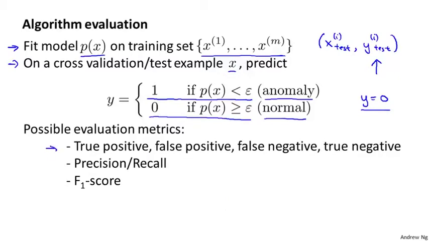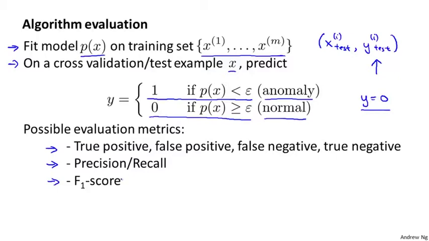Instead, we should use evaluation metrics like computing the fraction of true positives, false positives, false negatives, and true negatives, or compute the precision and recall of this algorithm, or compute the F1 score, which is a single real number way of summarizing the precision and recall numbers. These would be ways to evaluate an anomaly detection algorithm on your cross-validation set or on your test set.